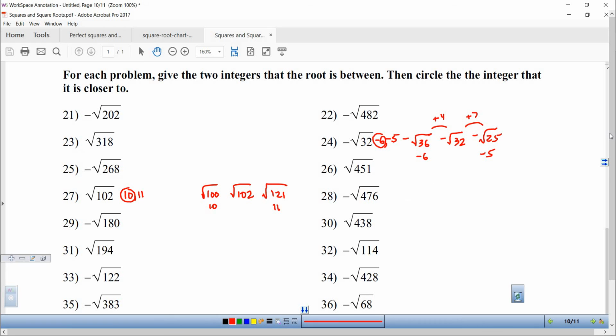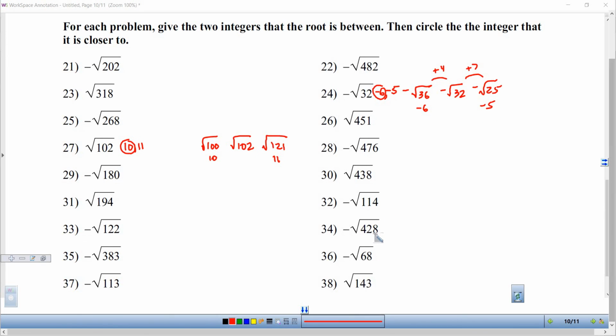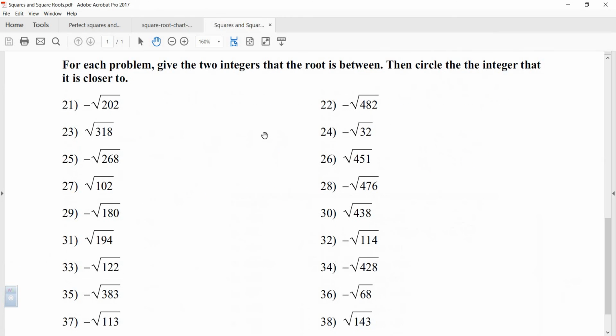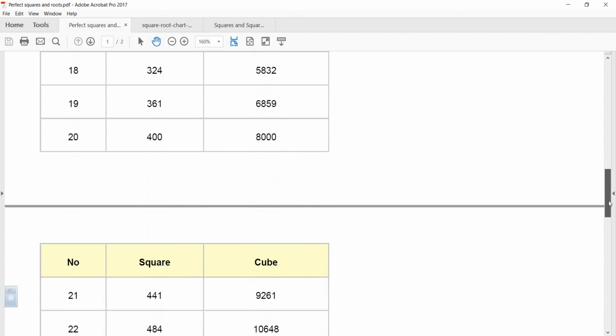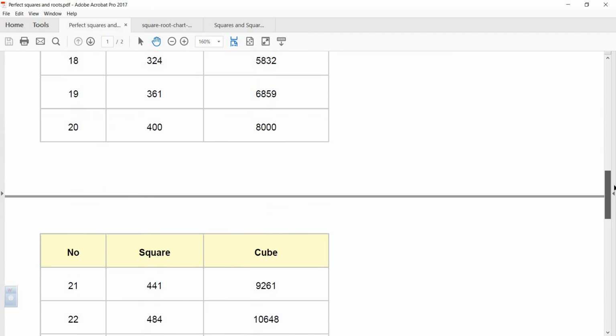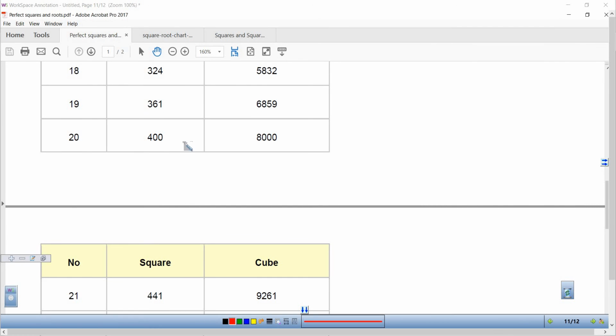All right, well, let's say you had one like this. The square root of 428, I don't really know. That's not one I have memorized. So I'm going to go back to my table here. Well, I'm going to have to go further. All right, here we go. Right here, here's 400, right?